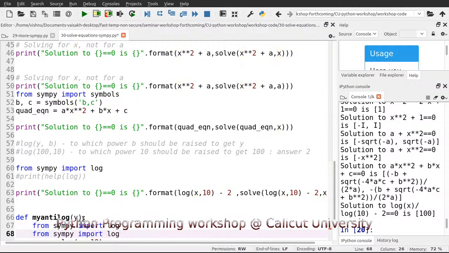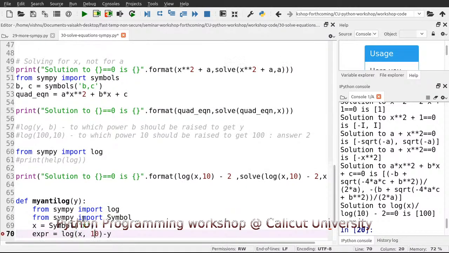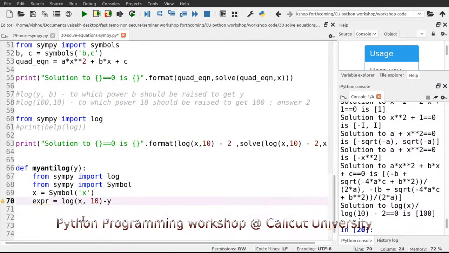We need to import symbols and define x to be a symbol. y is a numerical value. Solve it. What to solve? Solve the expression. There is only one variable because x is the only variable. y is a numeric value. Solve it. Return solutions.